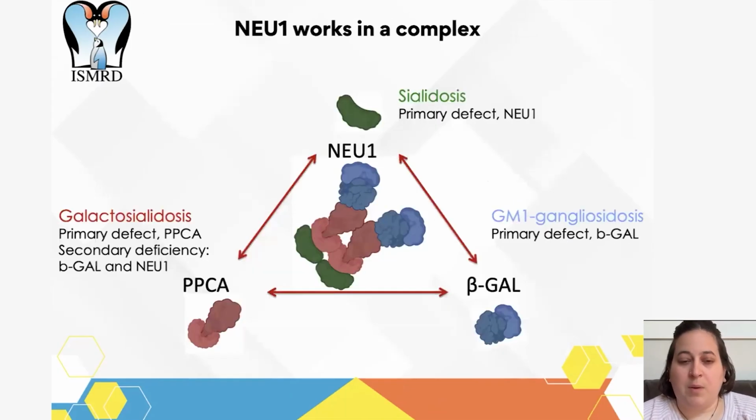As I said in my previous presentation, Neu1 works with PPCA and beta-galactosidase in a complex in the lysosome. And again, each one of these is associated with their own lysosomal storage disease that has its own unique symptoms and presentation.